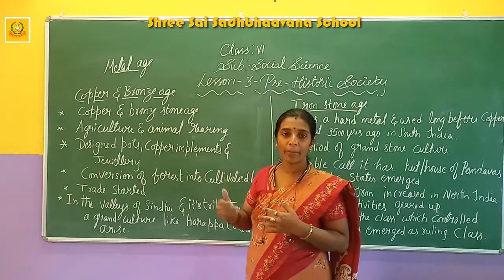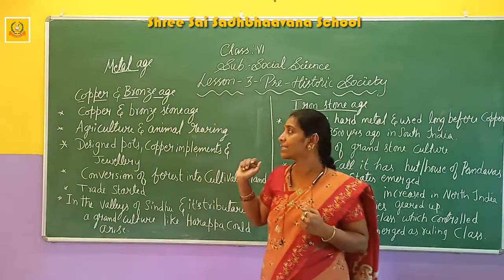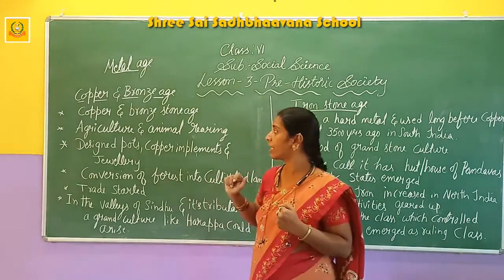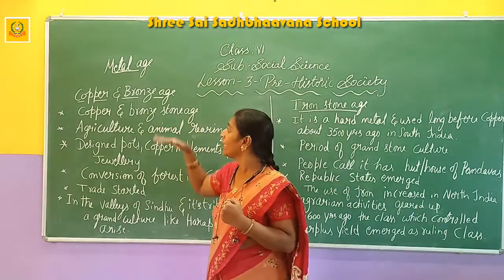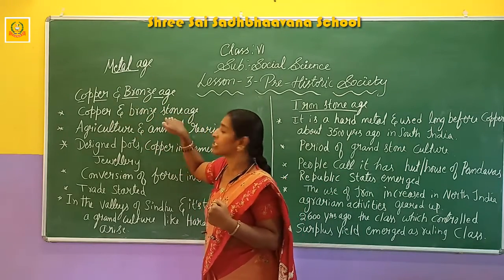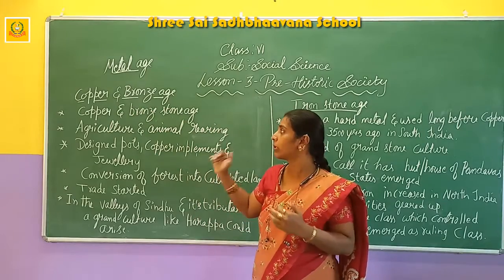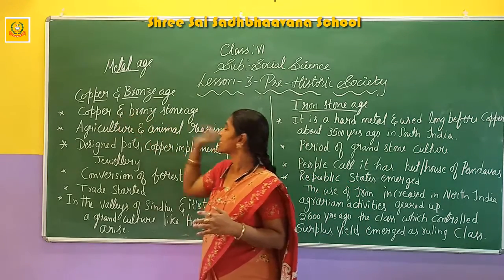So people continued to use stone also as weapons. They continued to use the stone. So in this age, copper, bronze, and stone were all used. So this age is also considered as Copper and Bronze Stone age.